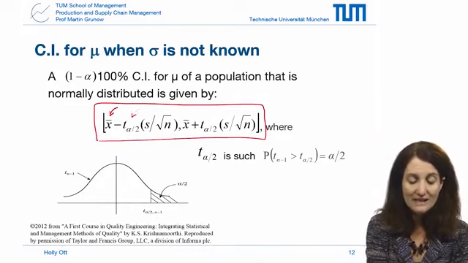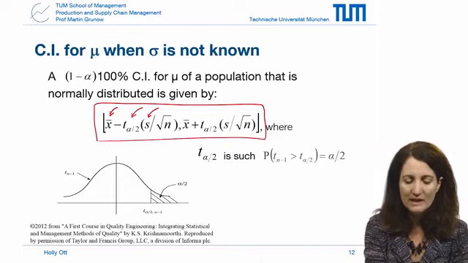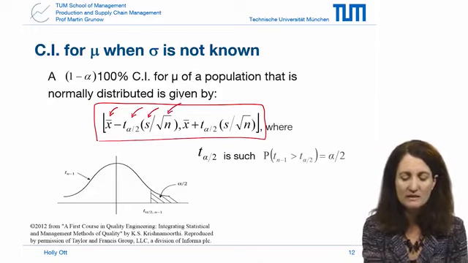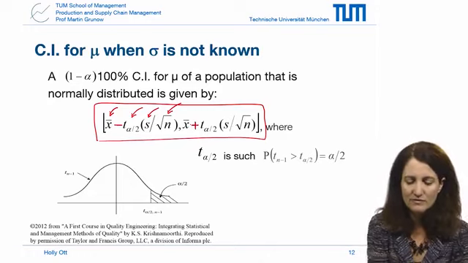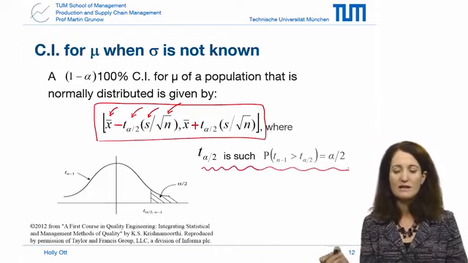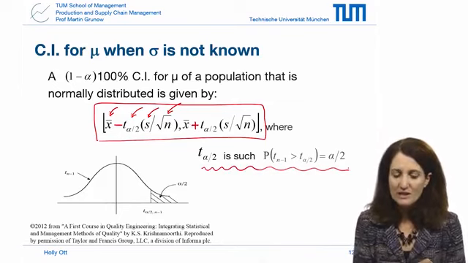We have, instead of a z alpha over 2, a t alpha over 2. We have the sample standard deviation that we calculate instead of sigma and the same old square root of n, and we still have plus and minus the way we did before. So the new thing here, other than calculating S, is that we have to look in the T table.